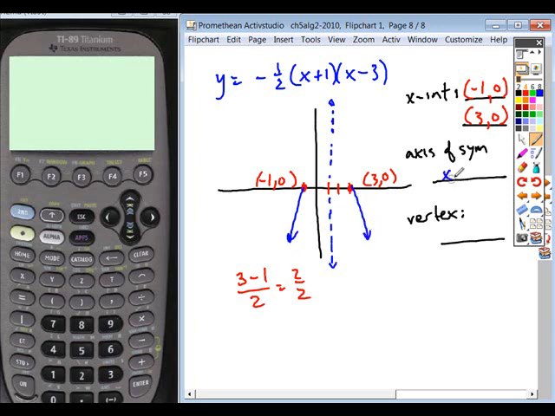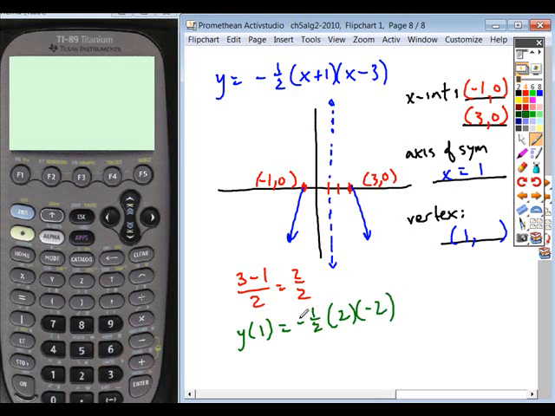Okay, so my axis of symmetry was x equals 1. So that means that my vertex is going to have an x-coordinate of 1. And so what I can do now is test that and see what value of y that gives me. So if I evaluate y of 1, plugging in a 1 up here, I get 1 plus 1, and then 1 minus 3. Okay.